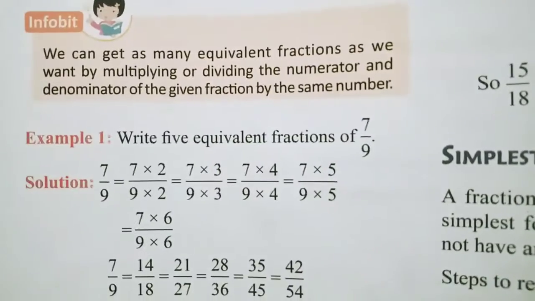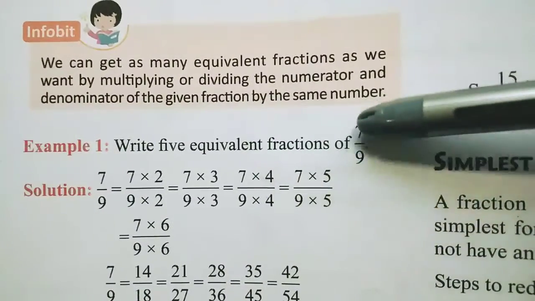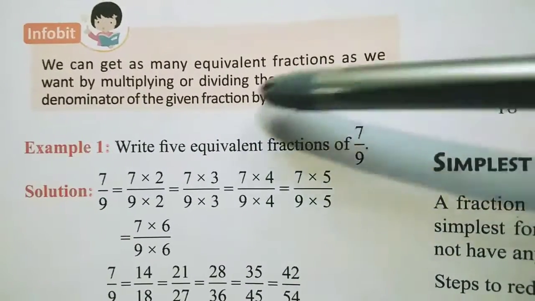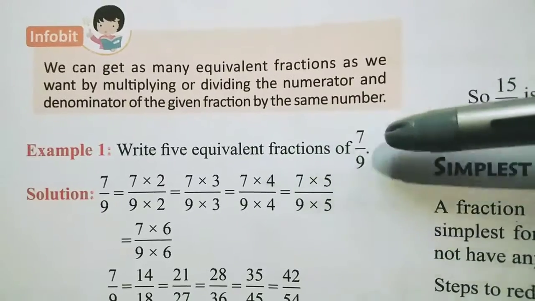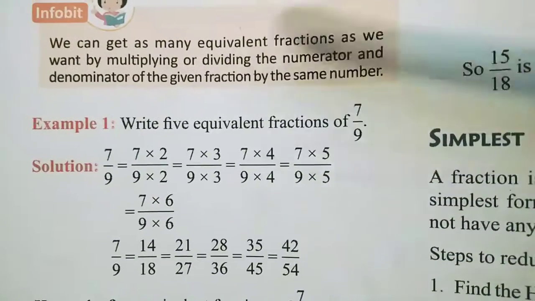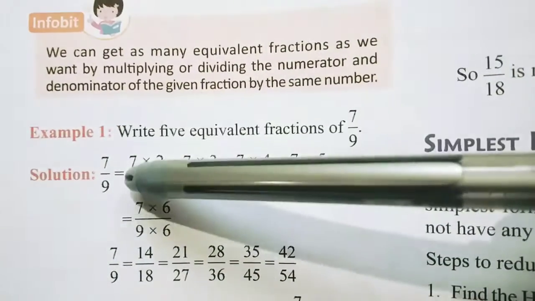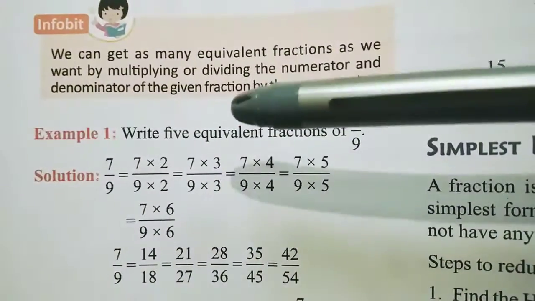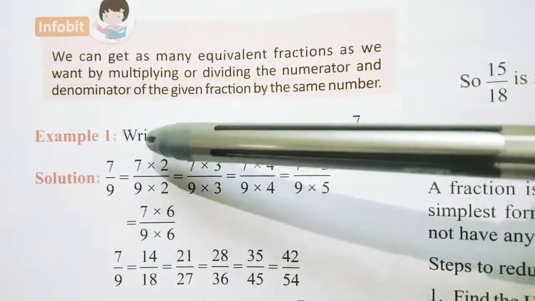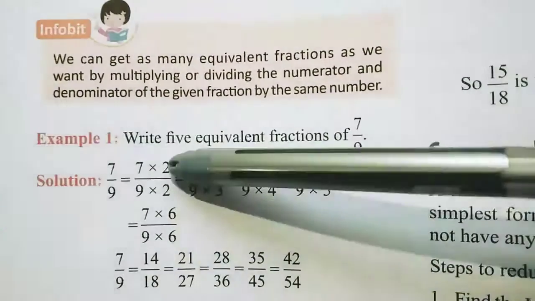Now in example number 1, it is written: write 5 equivalent fractions of 7 by 9. So you have to make 5 more equivalent fractions of 7 by 9. Now you can clear your concept here by seeing the example. So what to do? You have to multiply the numerator and denominator with the same number.